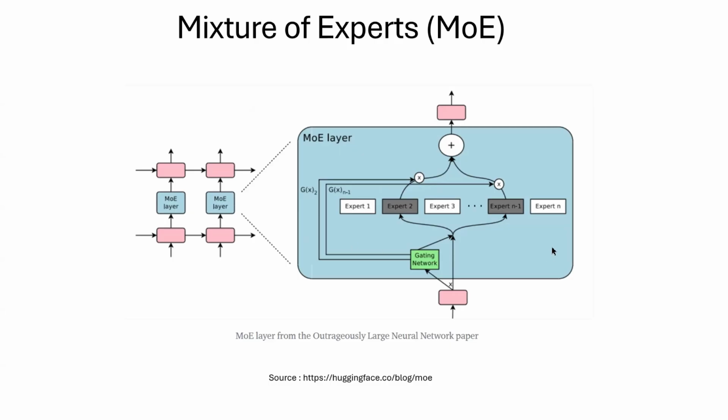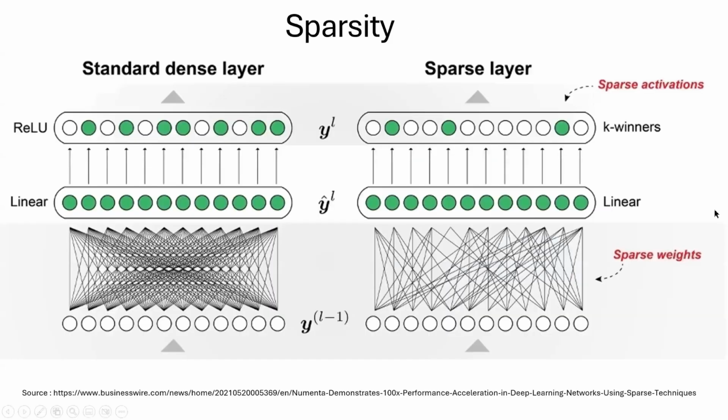The introduction of mixture of expert came with a sparsity of the model. What do I mean by sparsity? I'll explain in the next slide. Sparsity in this context is based off the model density. On the left side, we have every input connected to every linear middle layer.